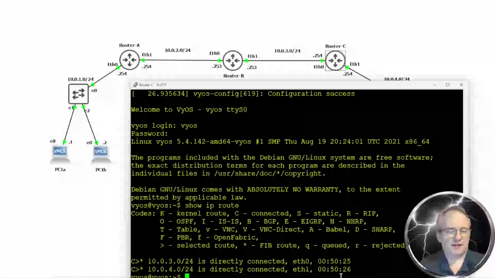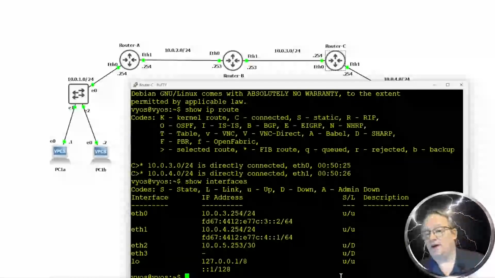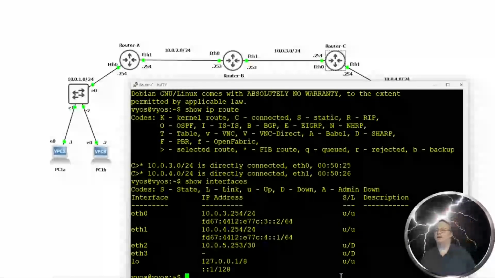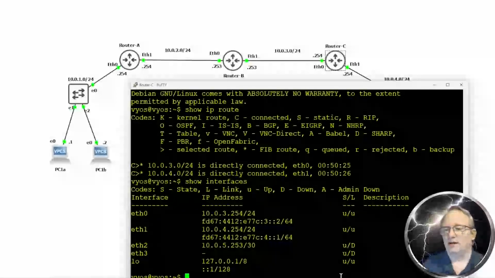So it is up, it is configured, and we have the 10.0.3 out there, and that's correct, and the 10.0.4 out there, that's correct. The only other thing I might want to do is verify that 10.0.3.254 and 10.0.4.254 are actually there.